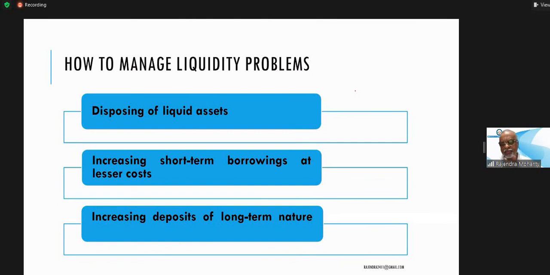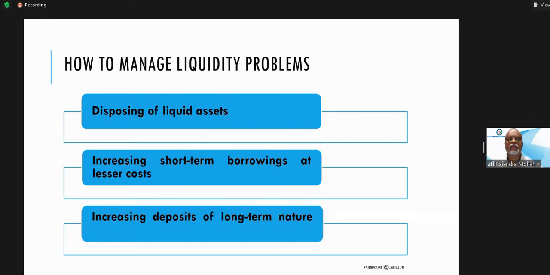So your future borrowings will also be dependent on the ability of repayment of the borrowing. In the borrowing market, they will know that yes, this bank is good enough, so immediately we can lend to them.